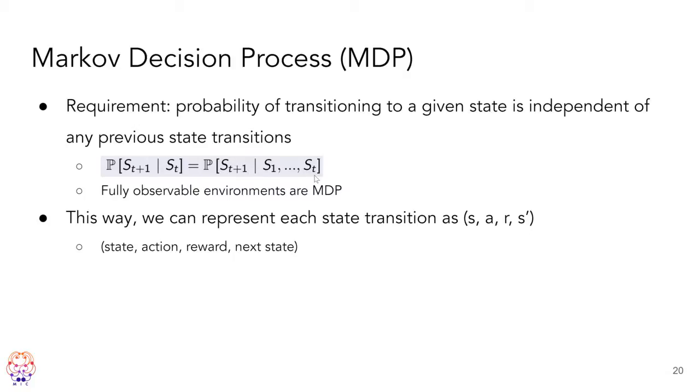So you can compress your entire history into just knowing the previous state. And this makes it convenient to represent state transitions, which is moving from one state to the next, as just the current state, action, the reward you get, and then the next state, which is S prime.